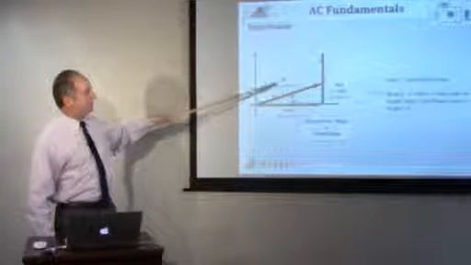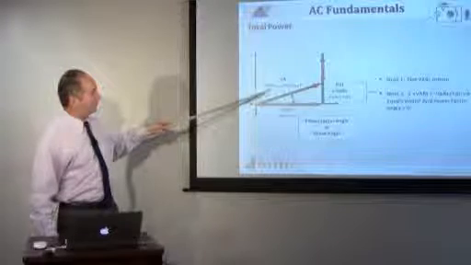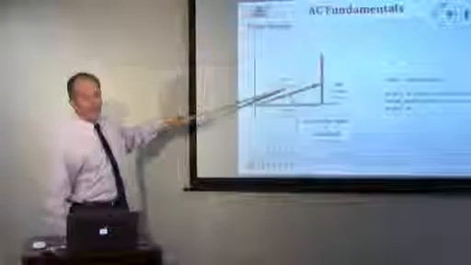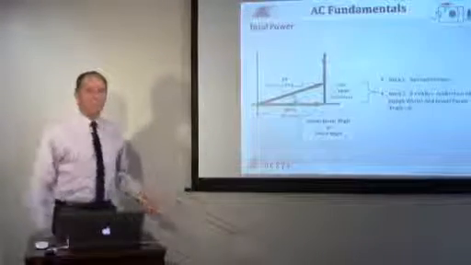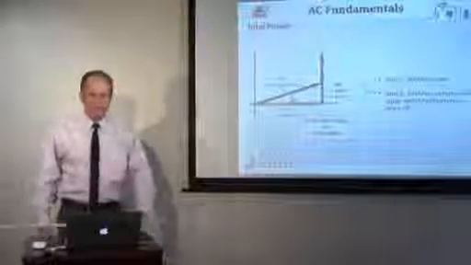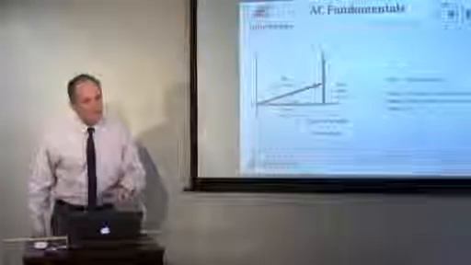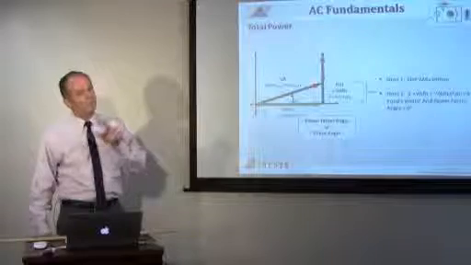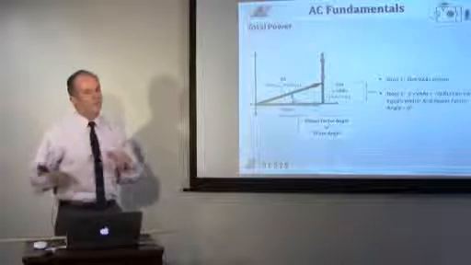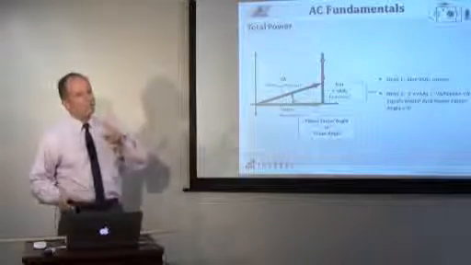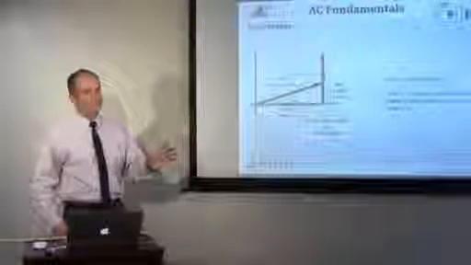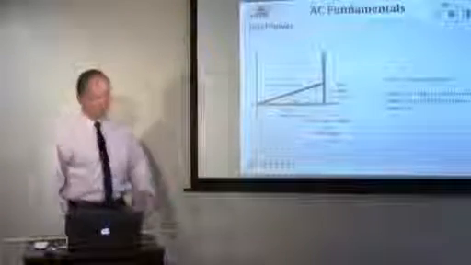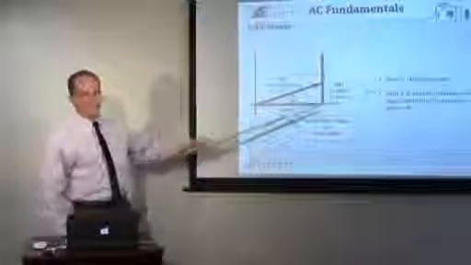Now the VA is power also, volts times amps, but it is peak volts times peak amps. Remember the peak curves? Peak volts and the peak amps. You multiply the peaks times the peaks, even though there might be a phase angle between them because of leading and lagging. The peak times the peak, that's the VA. And it is made up of watts and VARs.